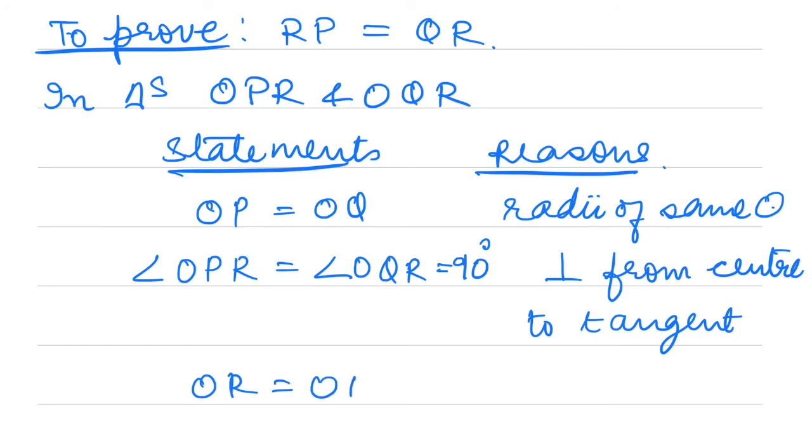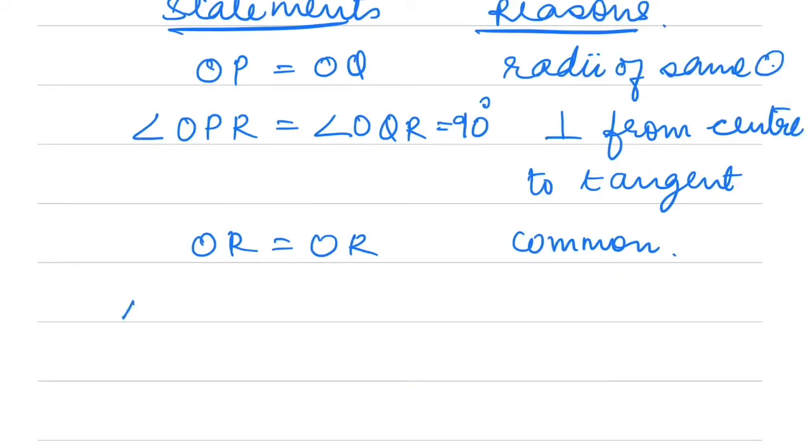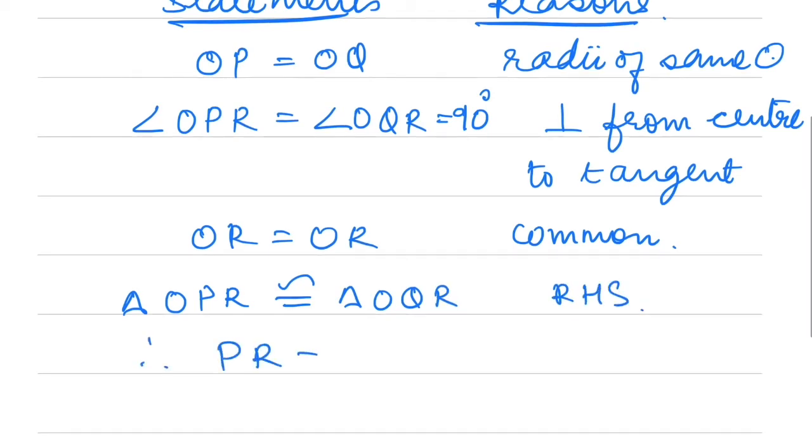OR is equal to OR, so that is common. So I can say triangle OPR is congruent to triangle OQR by RHS property. Therefore PR is equal to QR by CPCT. So hence proved.